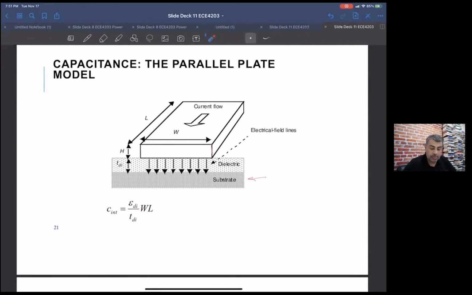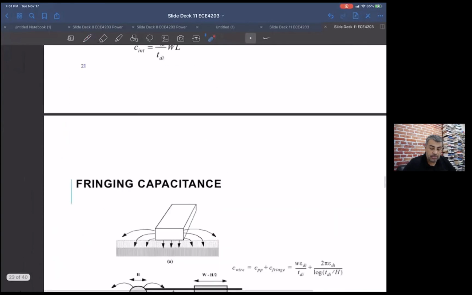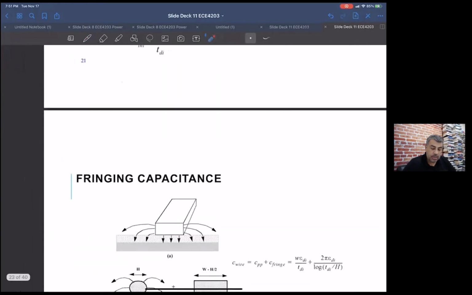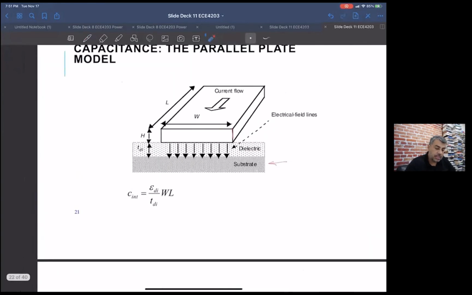This also kind of applied, but not anymore, because notice this is missing a couple of things. This model is missing the next guy sitting next to it, so you have capacitance between the lines.